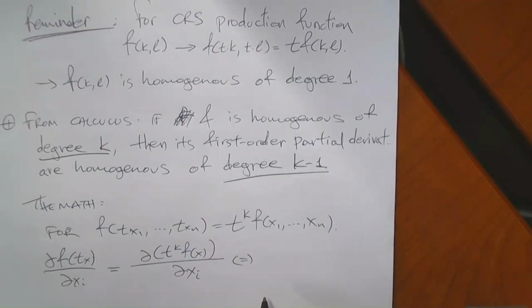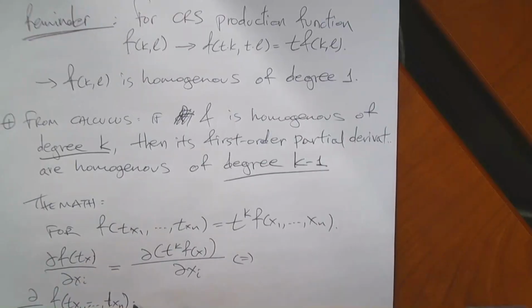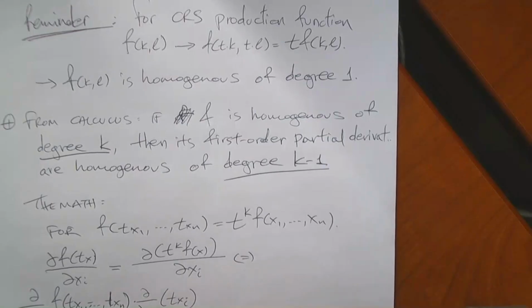The other side is a little bit easier. On the first side, you have del xi of this functional form, f of tx1 all the way to txn, multiplied by what is inside the f function, which is the derivative with respect to xi of txi. This is a chain rule application.